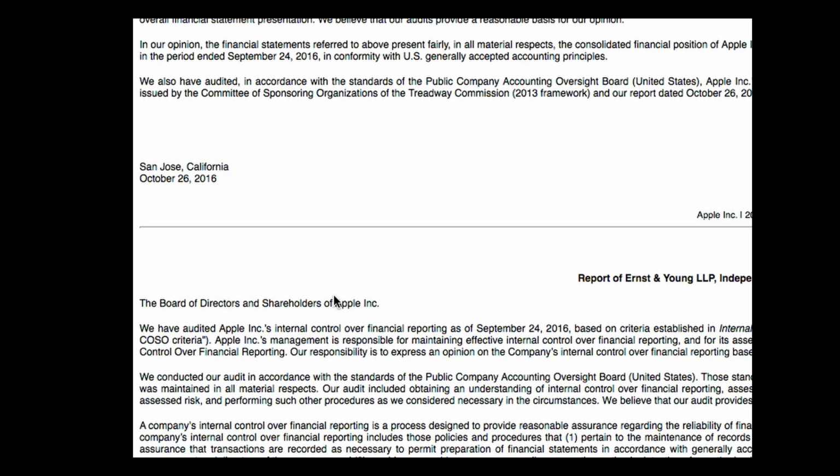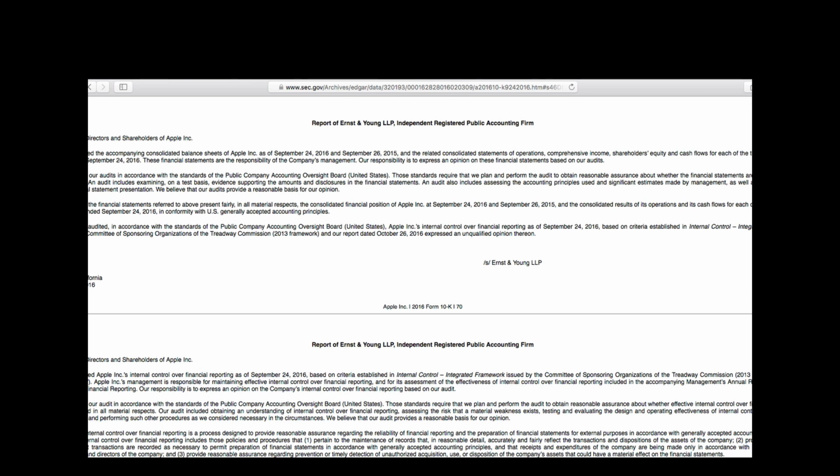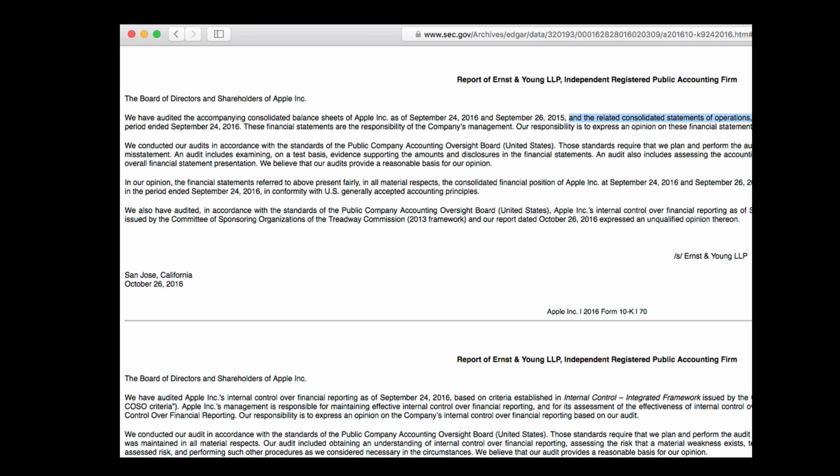The auditor's job is to review them and see if they are in alignment with generally accepted accounting principles. The auditor will also give an opinion on internal controls, which management is responsible for setting up to protect the resources of the company.